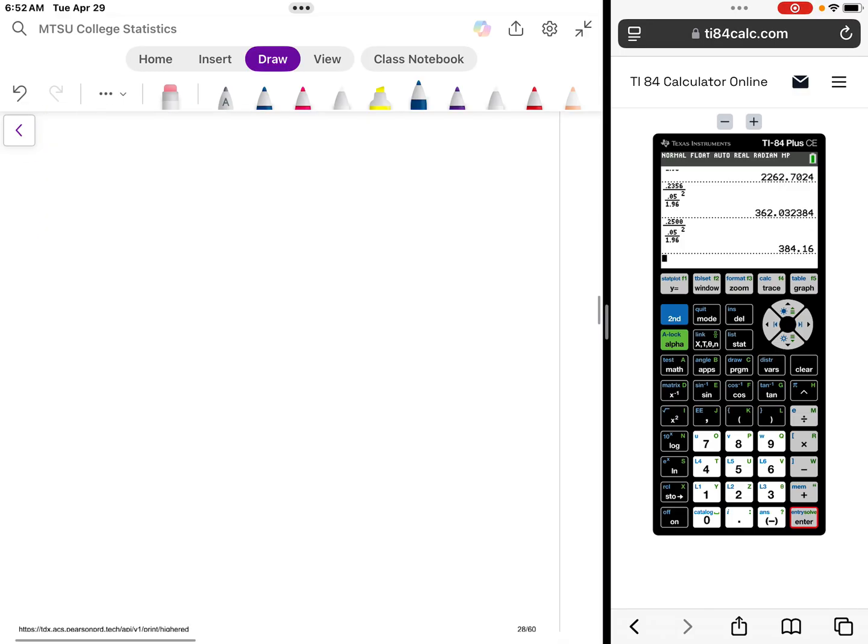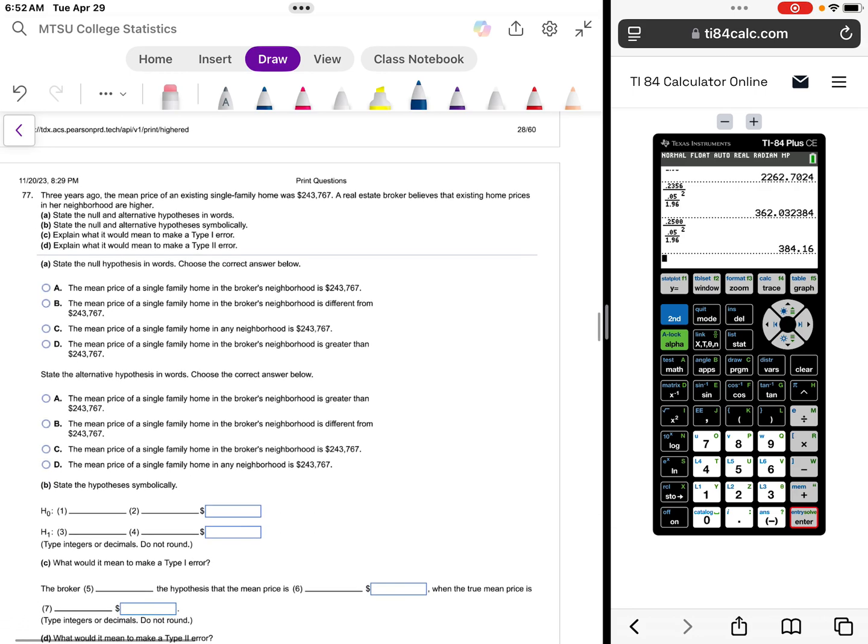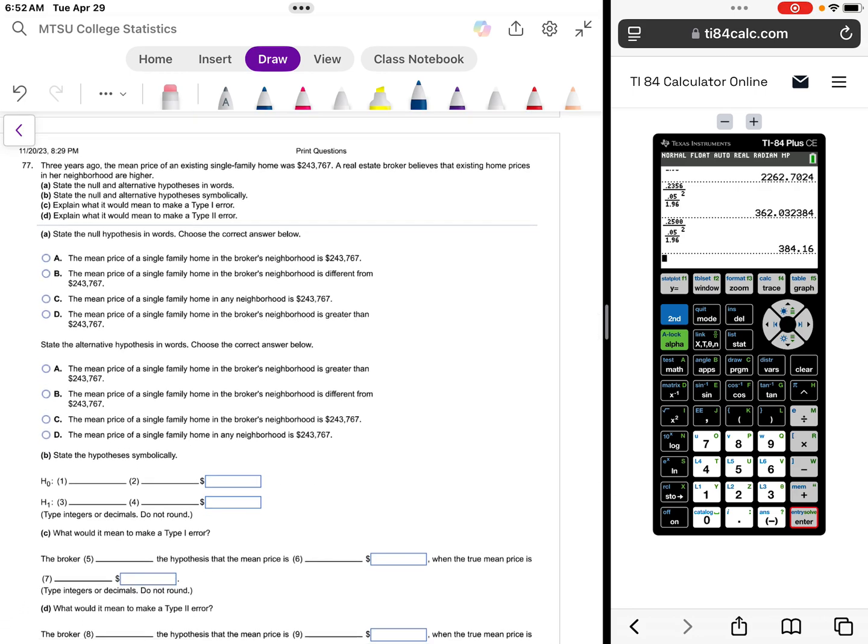77, they asked us to go through and state the null and alternative hypothesis in symbols and words, then explain what a type 1 error and a type 2 error are, for definitions here. So we're going to just run through this one pretty quickly. 3 years ago, the mean price for an existing single-family home was $243,767.